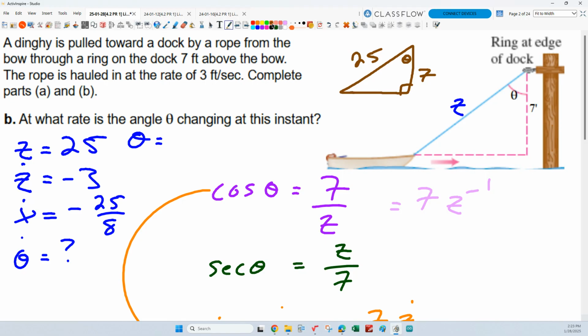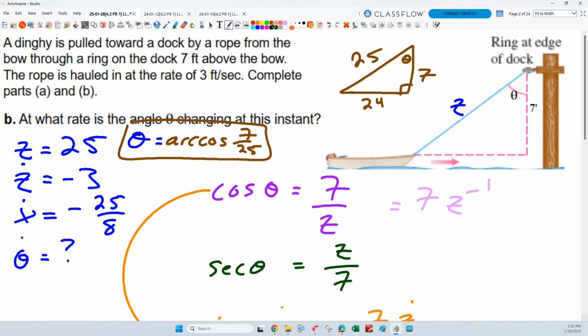What was the square root of 576? 24. So if we just solve that triangle, we've got all the sides in that triangle, right? And so we could write theta as an arc cosine. And that's just a calculator number, right?